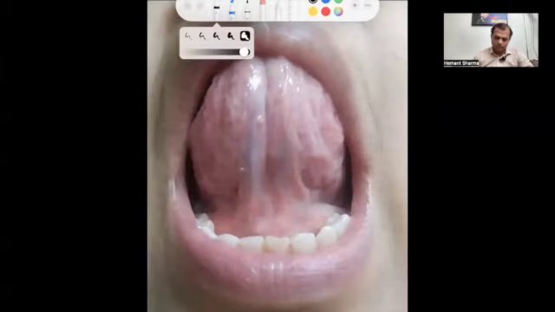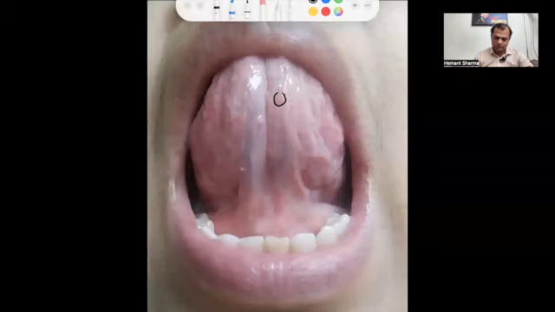Can you see this nodule? Nodule here. Nodule here. So the nodules are indicating that you should be aware there might be hardening in the arteries of the heart.